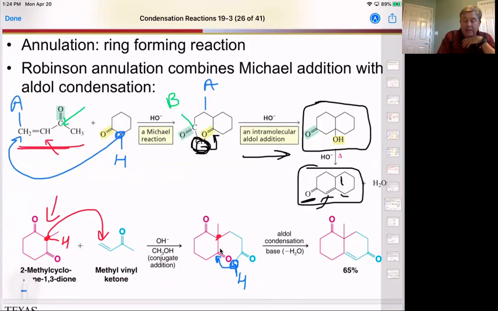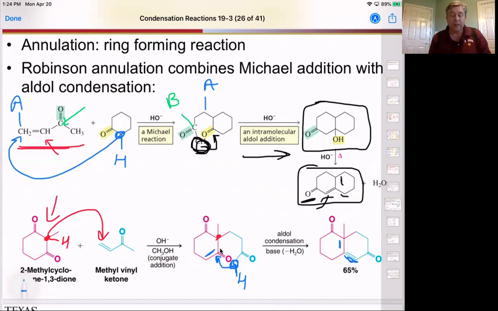Notice if we dehydrate it on this side, it doesn't give us a conjugated alkene. We can't dehydrate in the middle here because we already have a quaternary carbon here. So it must dehydrate to give us the double bond in conjugation with the ketone that we started with.